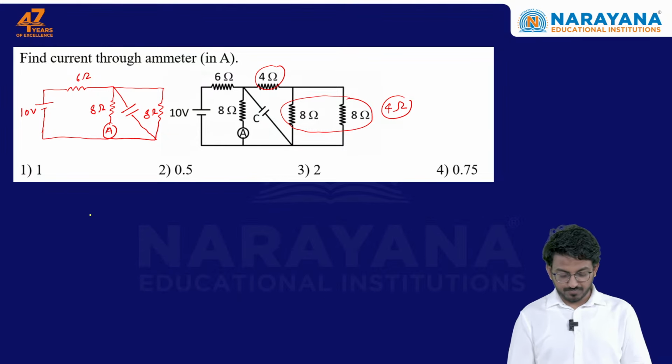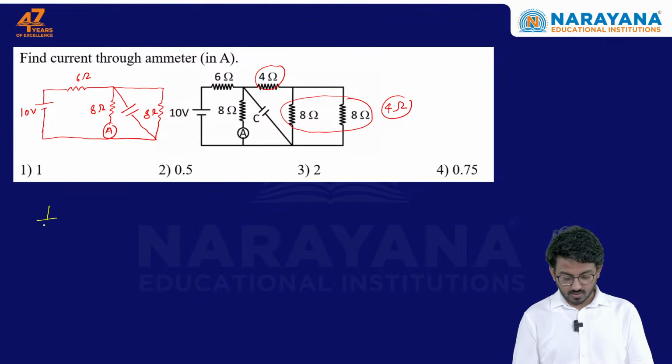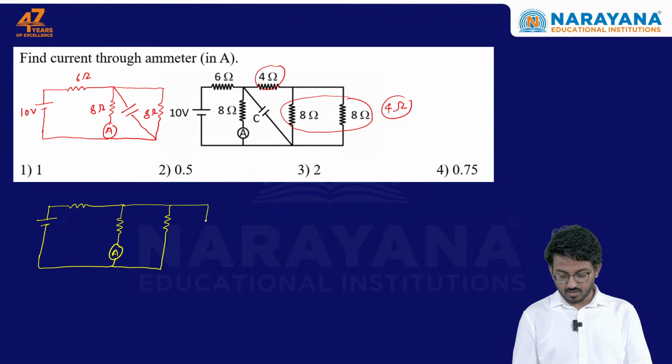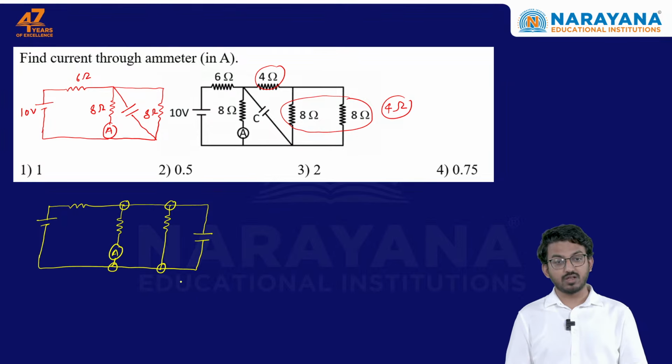Solving it further, we can see the circuit effectively becomes somewhat like that, with the capacitor being visualized here. Notice that these 2 points are at the same potential and these 2 points also are at the same potential because they are conducting wires. So, the capacitor anyway is connected to similar potential points. The circuit has effectively not changed here.